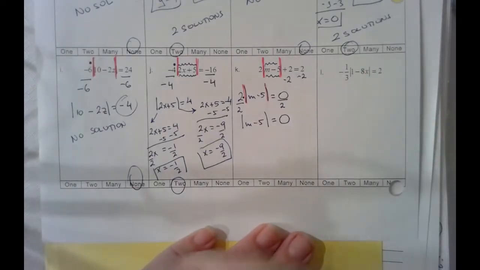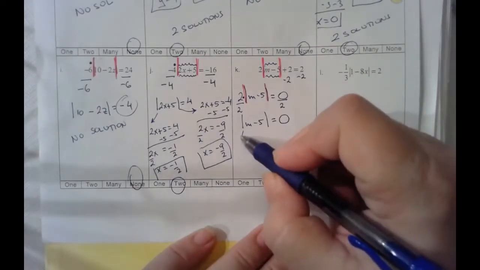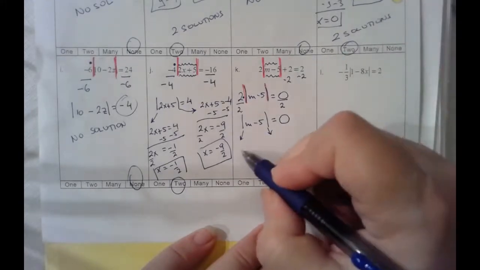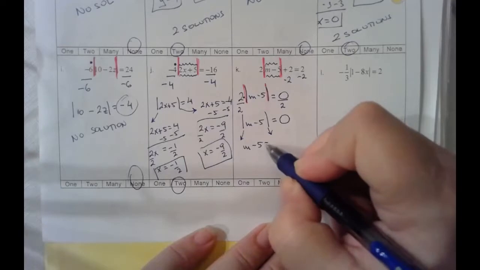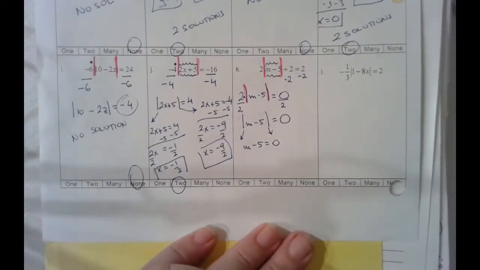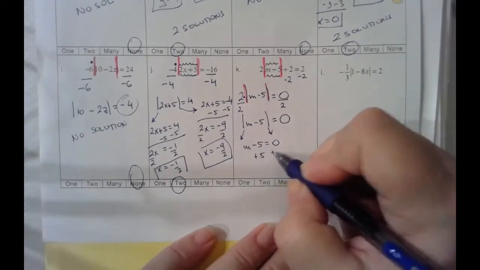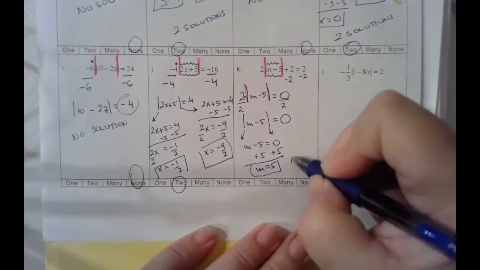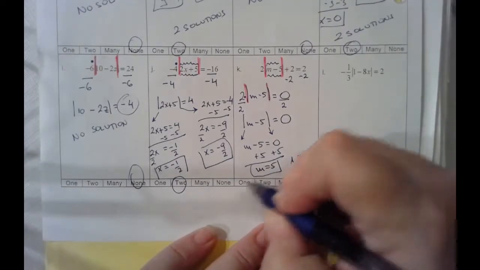And so in this case, when I open the gates, can you have a negative 0? You can't. So you will just have one equation, which is m minus 5 equals 0. So you're going to add 5 to both sides, and m is equal to 5. So in this case, it would be one solution.